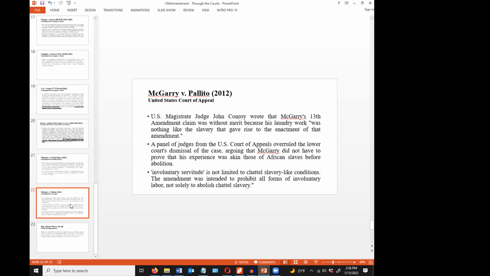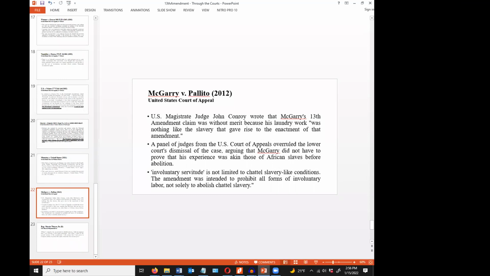But again, the reason this was applied to him is because he wasn't duly convicted. And so therefore, they couldn't legally subject him to involuntary servitude and slavery. And that's why he got the relief in that one.